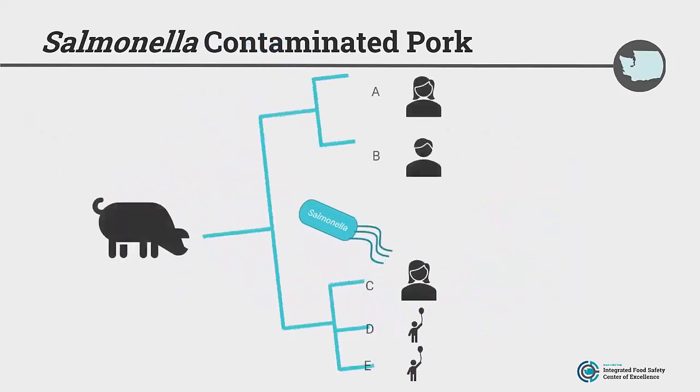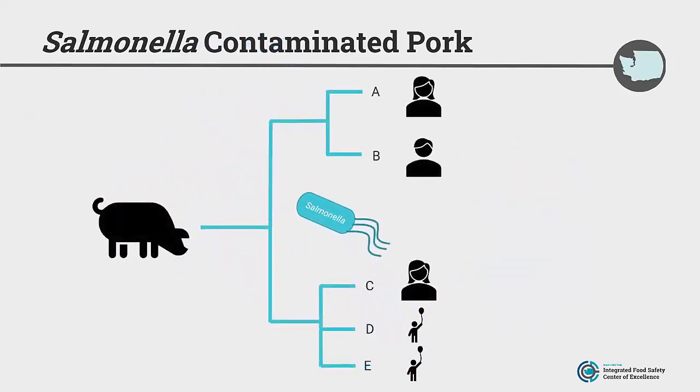And if we turn that around, so all we're doing is rotating our tree here, then you can see even more clearly that we're really building a phylogenetic tree of the salmonella as we go along.